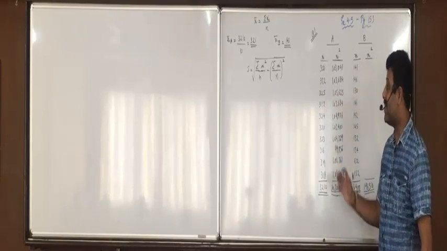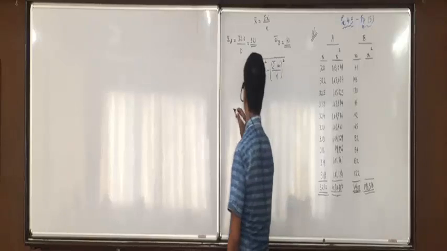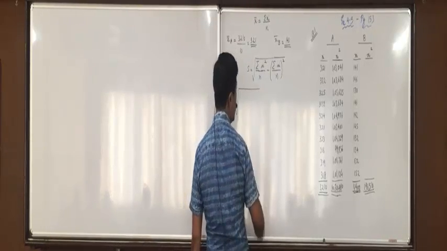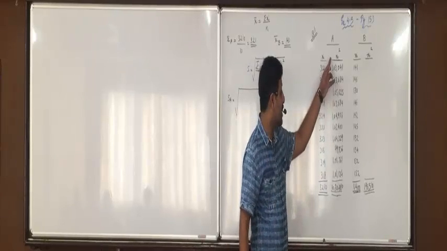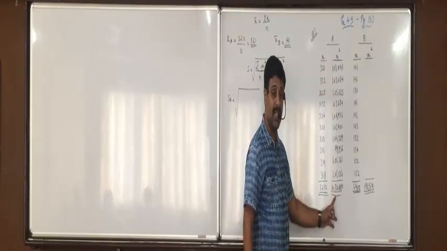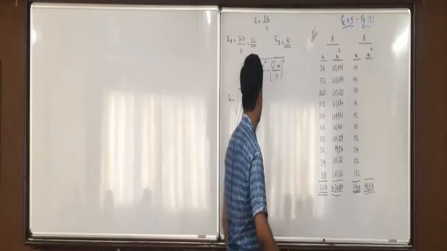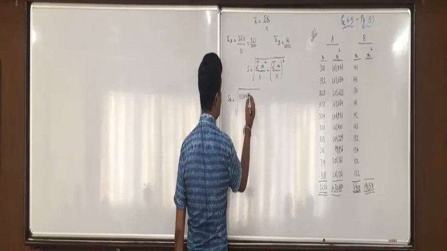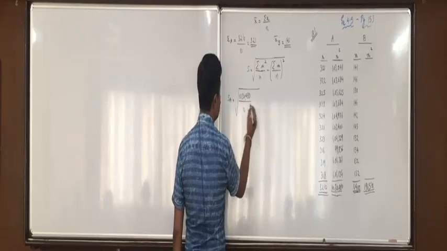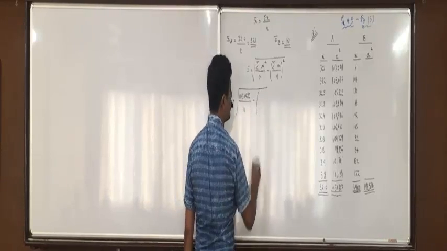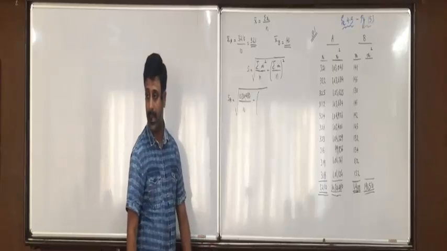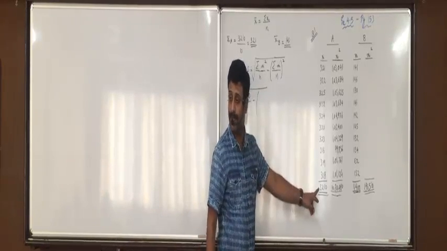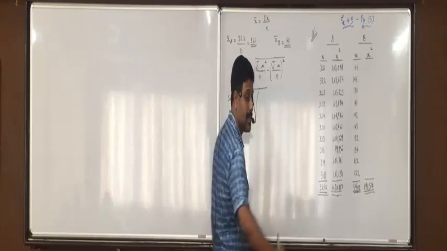Okay. On the left side I am doing it for A. So standard deviation of A equals square root of. Now see here. Sigma xi square is 1030480 divided by n, which is 10, the number of observations. Minus sigma xi 3210, all of you understand this?